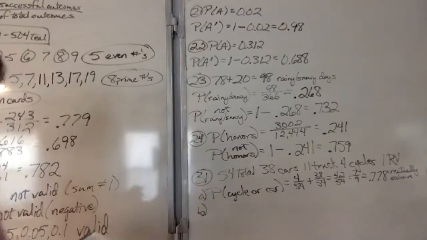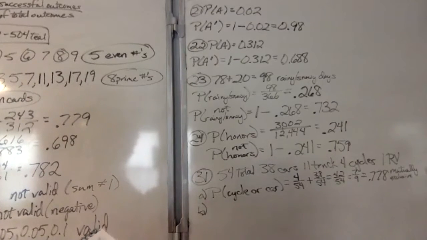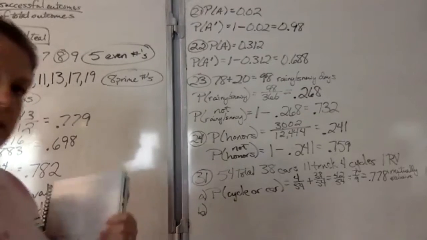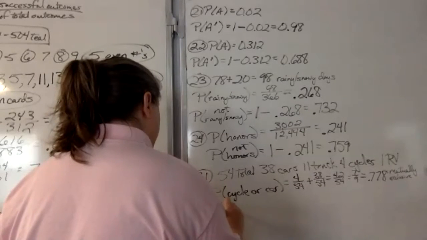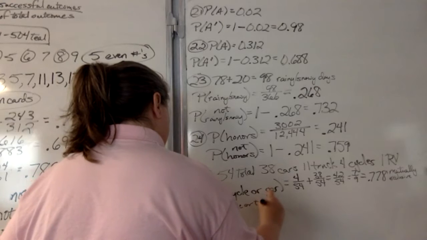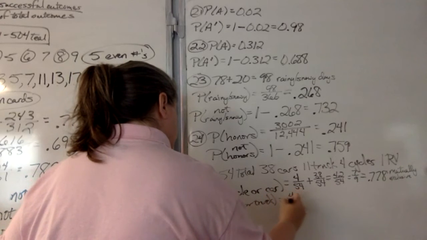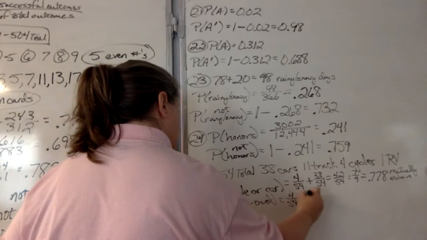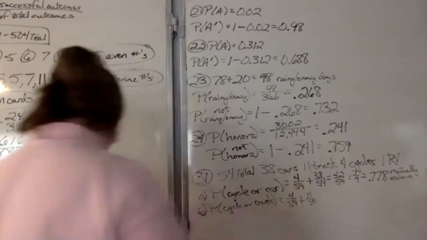Part B says she checks a motorcycle or a truck. So is it the same thing, or two totally different things? Two totally different things. Okay. Probability of a cycle or a truck. Motorcycles, there were still 4 of those. Trucks, there were 11, correct?